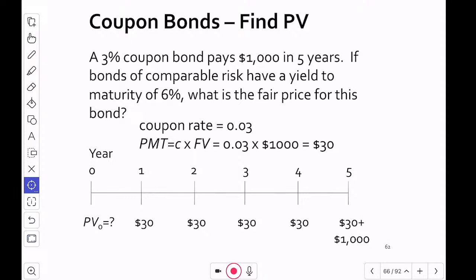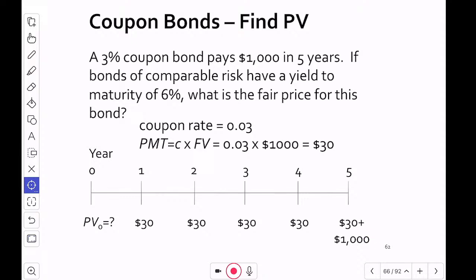So the coupon rate is 3% and the yield to maturity is 6%. A coupon rate of 3% means 3%, or 0.03, times 1,000 gives you $30, and this is the picture. $30 every period, at the end of the period, and then your face value. At maturity, you get your money back. So, did you pay 1,000 for this?